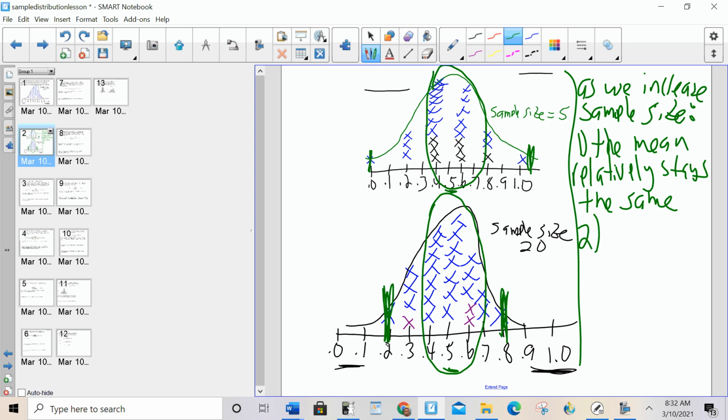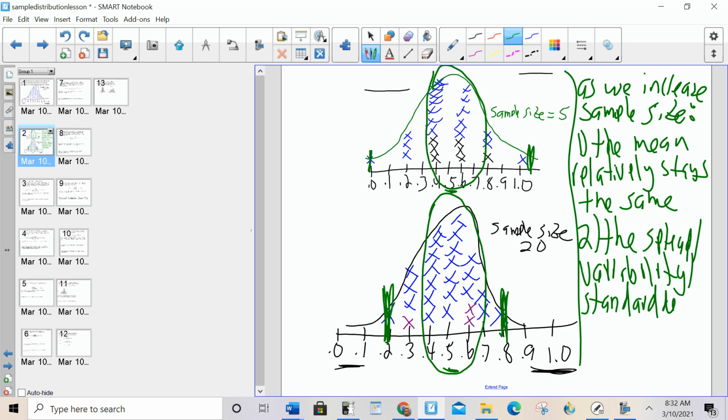Doesn't have as great of a range. The spread, variability, standard deviation decreases.